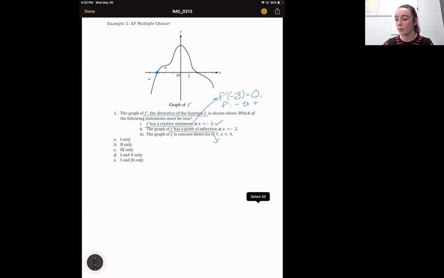We saw this in example number 1. We would have to have a horizontal tangent on f prime. And f prime would have to change from increasing to decreasing or decreasing to increasing.